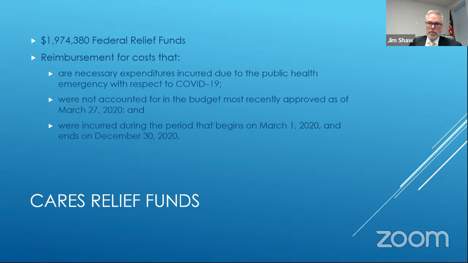And that is meant to reimburse costs that are necessary expenditures incurred due to the public health emergency with respect to the virus, and that these funds couldn't have been accounted for in the current budget as of March 27th. That was the day that the bill was signed into law, and then we can apply reimbursement against any costs that were incurred during a period beginning in March of 2020 and ending on December 30th of 2020.